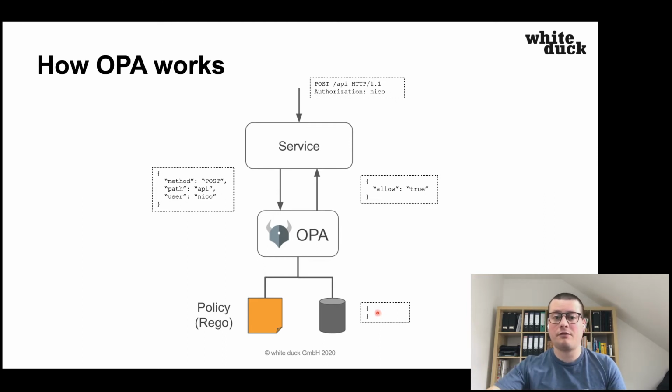Then you can provide the information upfront, and OPA can use both, the actual data and the input, to verify the request. And then after it verifies the request, OPA just sends back the information whether it's allowed or the request should be denied. And with that, our application can then either accept the POST request or deny it.